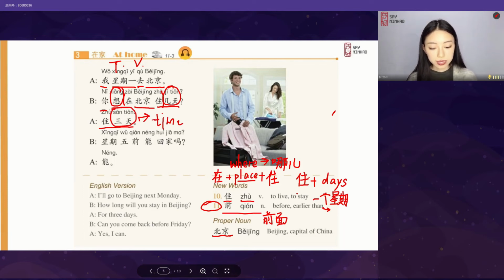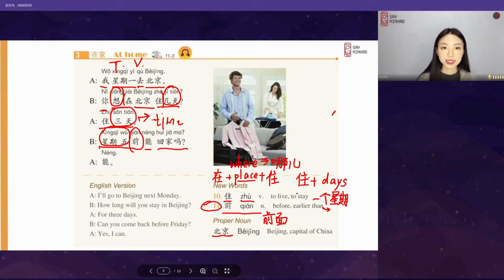Okay, next one. 星期五前能回家吗？星期五前, before Friday. So this is the structure. Before which day, we just need to put that day or period before 前. 星期五前, before Friday. 星期一前, before Monday. Okay, 3天前 means 3 days before, 3 days ago.